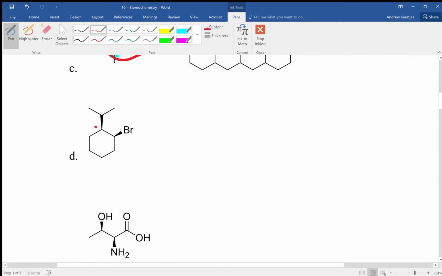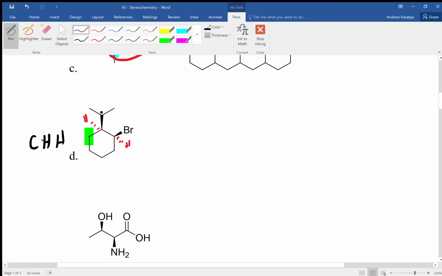Part D, we have 2 stereocenters, and we'll start by filling in the hydrogens, which at both centers are a low priority group and are pointed back. So we start with our carbon here. The other 3 groups are all carbons, so we have to look at what those carbons are attached to. On the left, this carbon that I highlighted in green is attached to carbon, hydrogen, hydrogen.